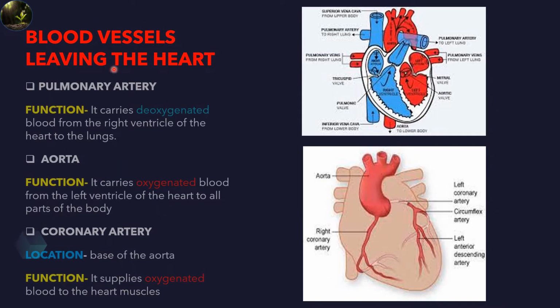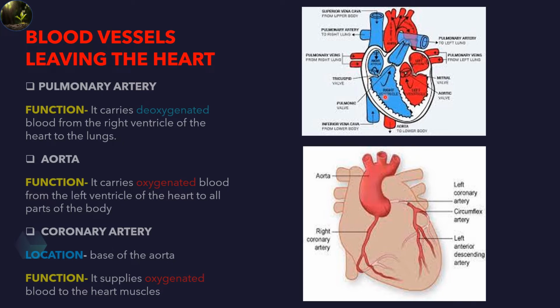Blood vessels leaving the heart. Mainly 3 types of blood vessels leave the heart. First one, pulmonary artery. You can see in this picture, this is the pulmonary artery. What is the function of this pulmonary artery? What type of blood does it carry?